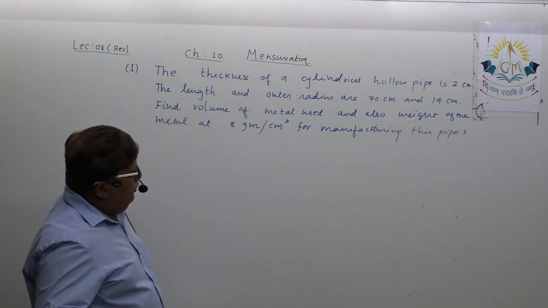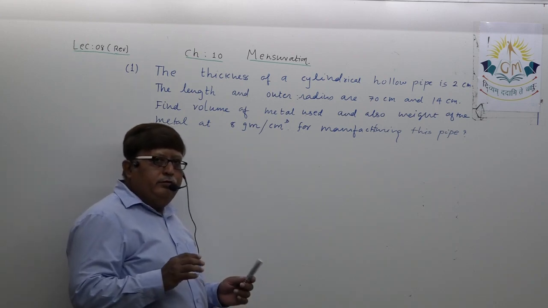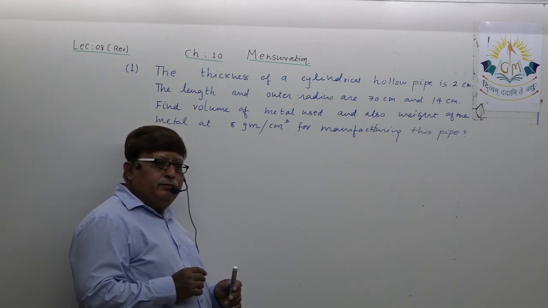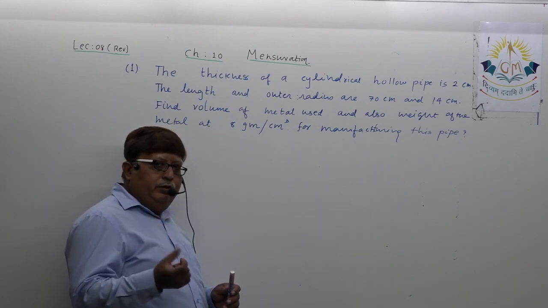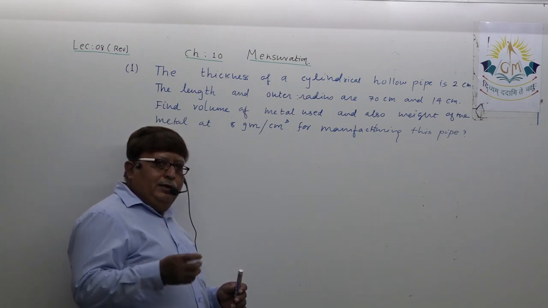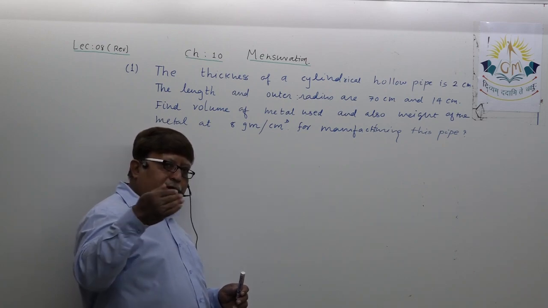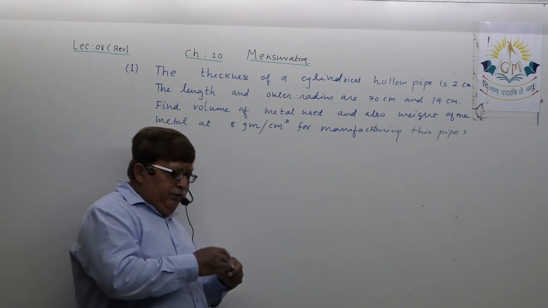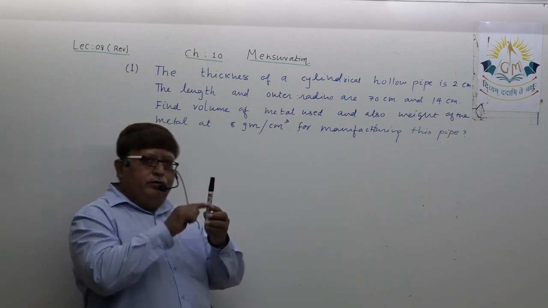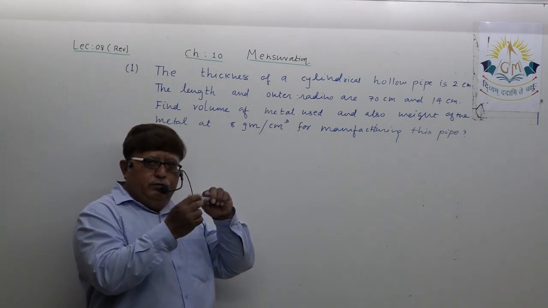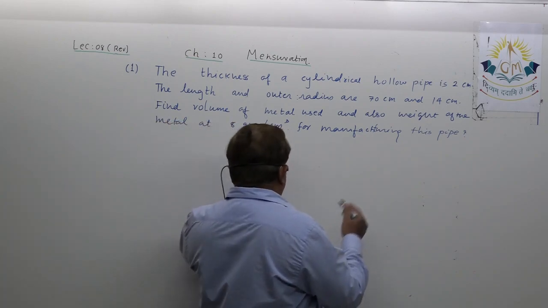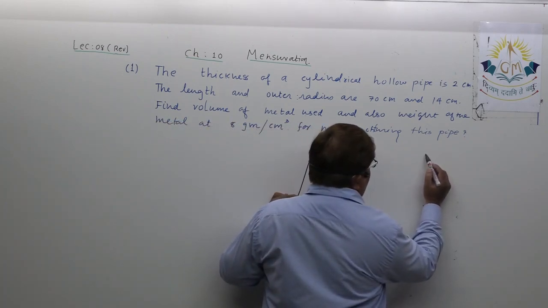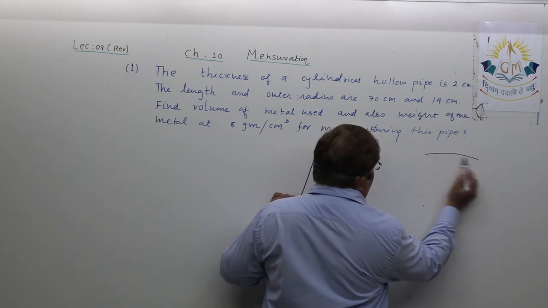Now dear student, in solving this example, I am just going to target the front view of the pipe, the elevation of the pipe and the front view. Once you show it this way and then this way, you will understand it. So dear student, first I am showing a hollow cylindrical pipe.